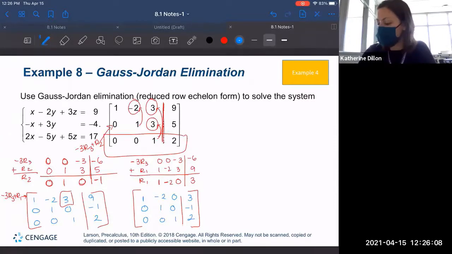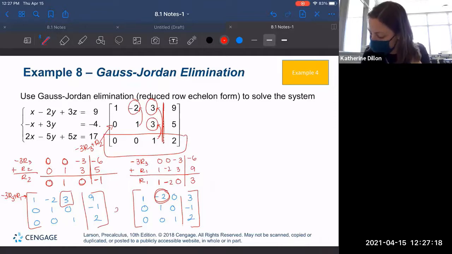Last step, you try it on your own. Eliminate this -2. Use the row right below it to eliminate the -2. We should have taken 2 times row 2, added it to row 1, and replaced row 1 with it. So 2 times row 2 plus row 1 becomes our new row 1. 2 times row 2 is 0, 2, 0, -2.